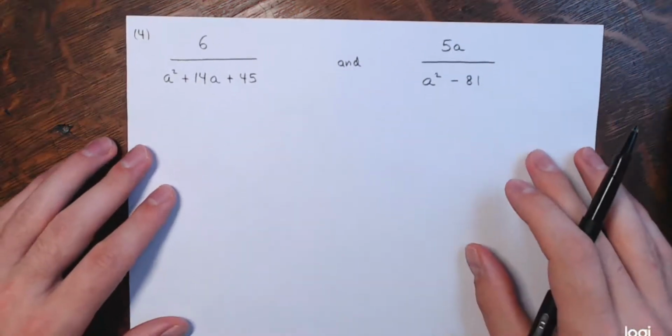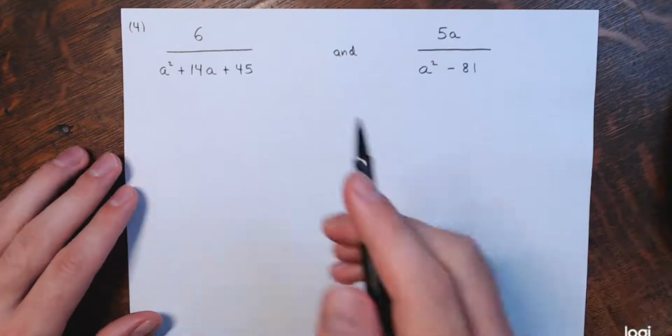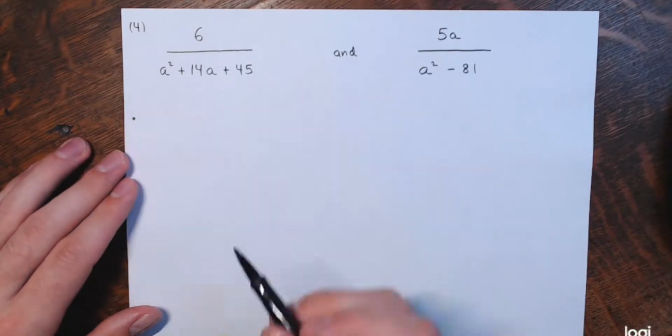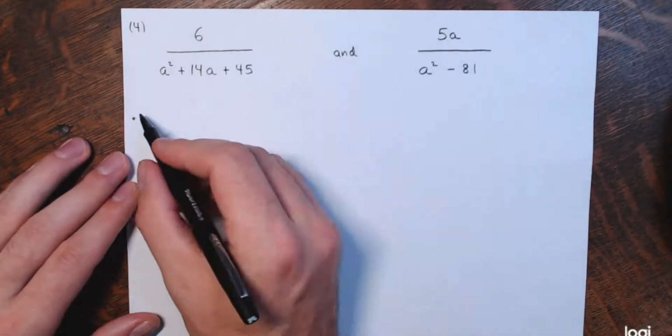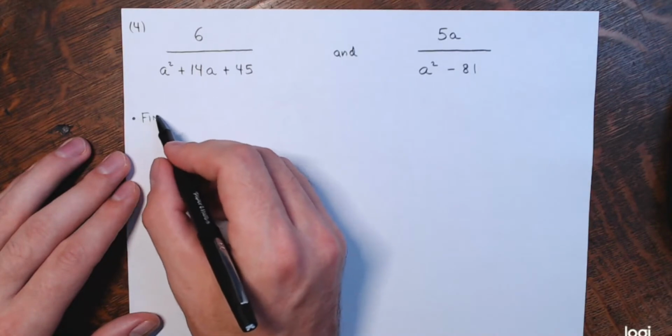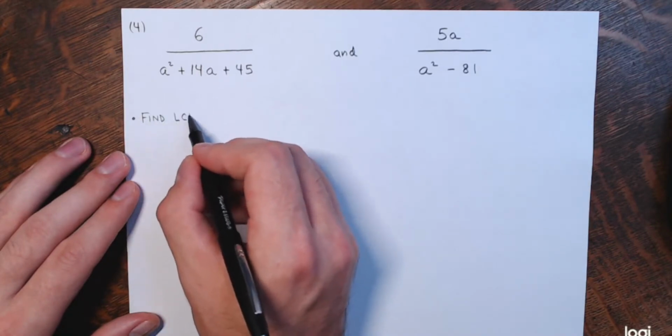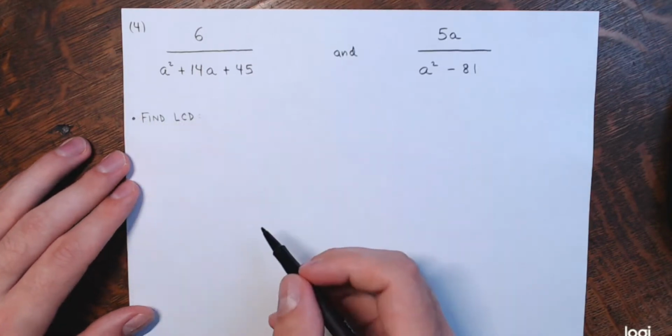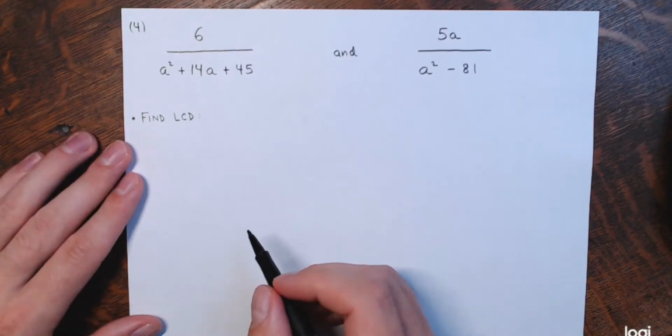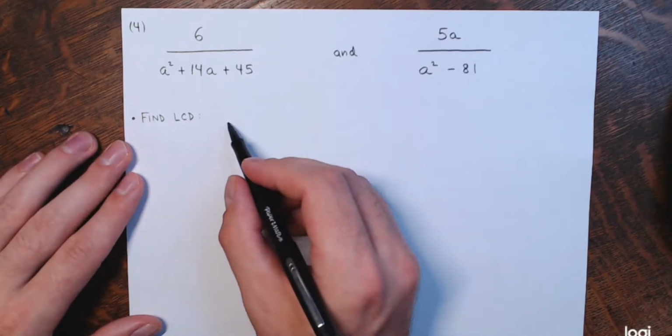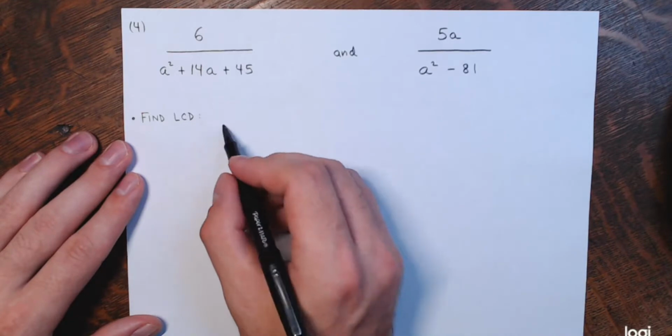Example 4. Same stuff, right? Same instructions. First part of the instructions, find the least common denominator. Find the LCD. So again, I take each denominator and factor them completely.